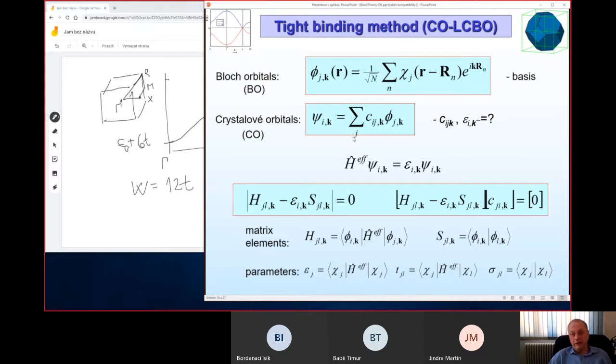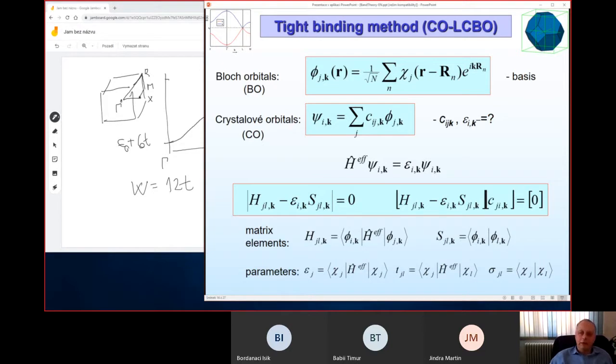What we want to know are the energies as a function of k, which means eigenvalues and eigenfunctions as a function of k. We would like to know the band dispersion, but for each k point we also need to know the coefficients in this linear combination.